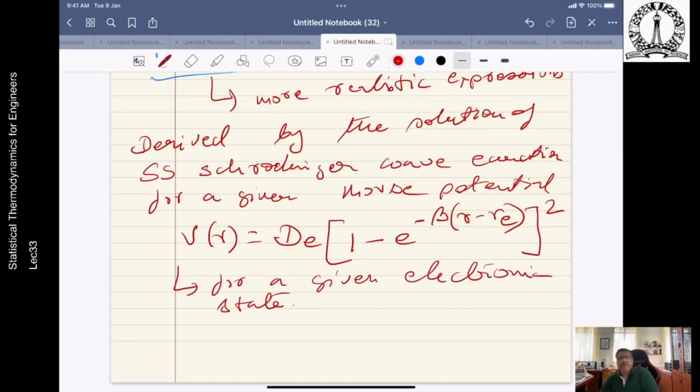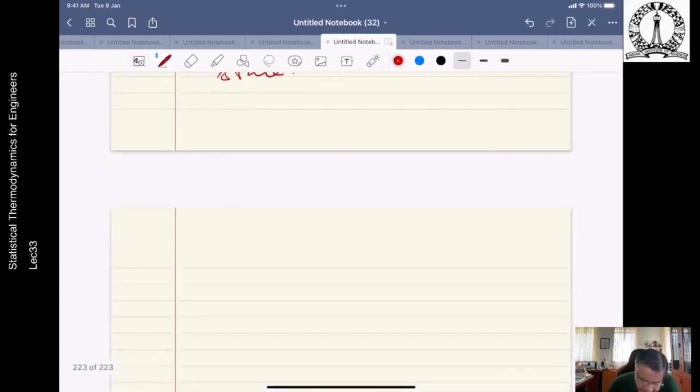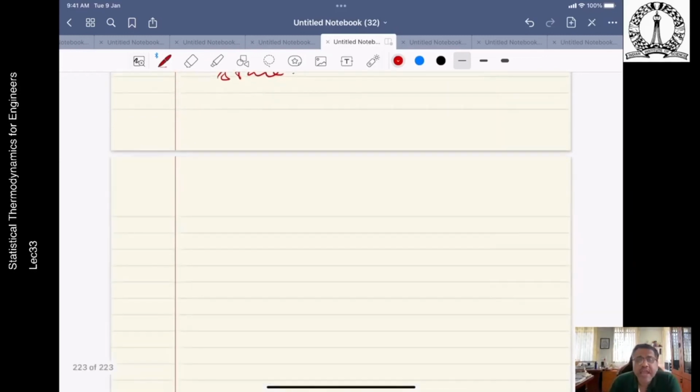Surprisingly enough, an analytical solution can be obtained by using a power series representation of the Morse potential, but it is very tedious mathematically. Let us just see what the solution actually gives us. It yields quite a few things.